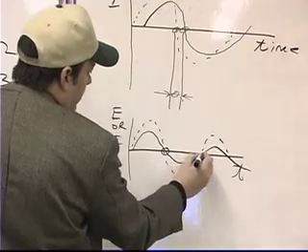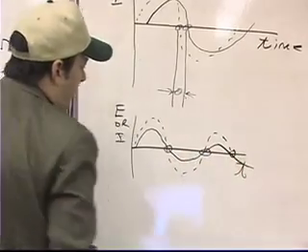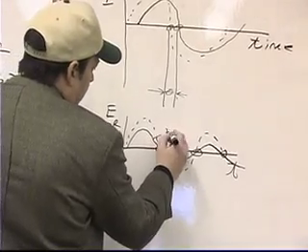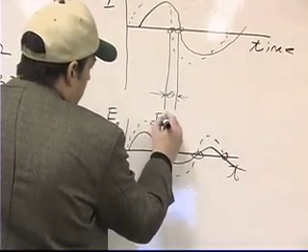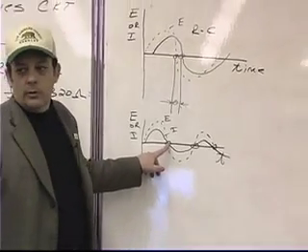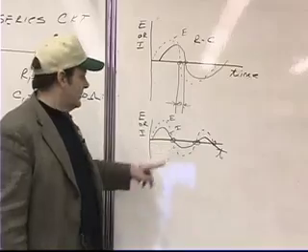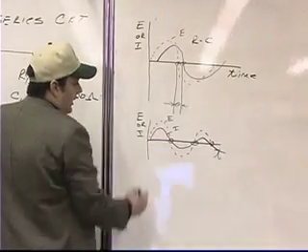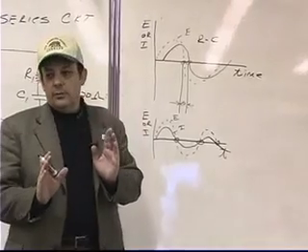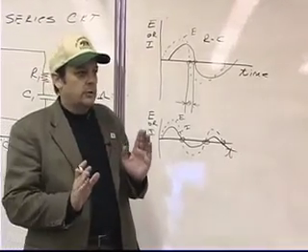So every time we look for a 0 crossover, we would notice that the current, which is represented by the solid line, and the voltage, which is represented by the dotted line, cross over through the time axis at 0 at the same moment, which means that there is no phase displacement or there is no phase shift in the circuit.